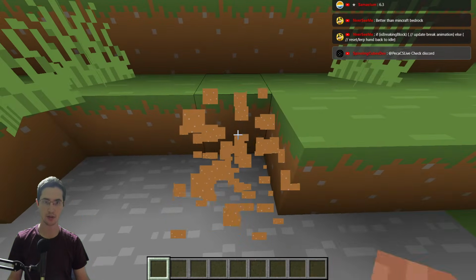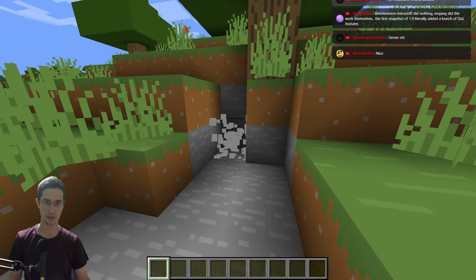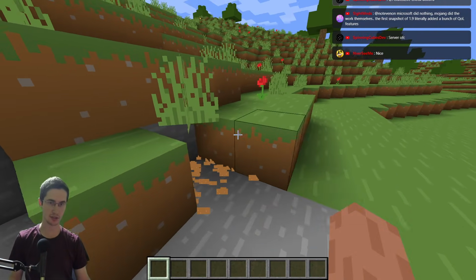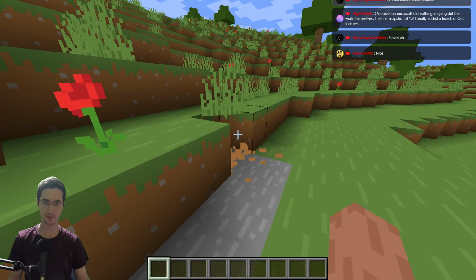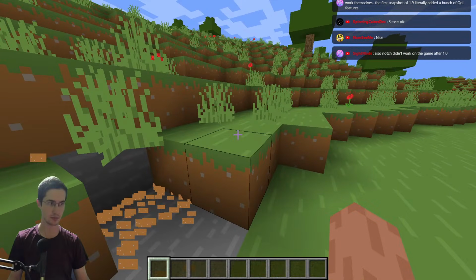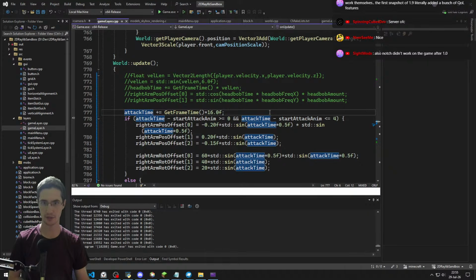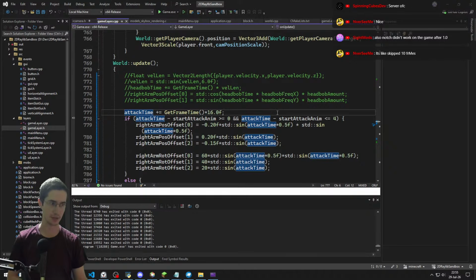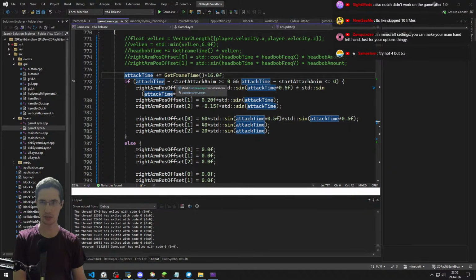Oh, the animation doesn't start properly. It doesn't start from 0. How should we be sure it starts properly? Because when we destroy a block, this here is from 0.